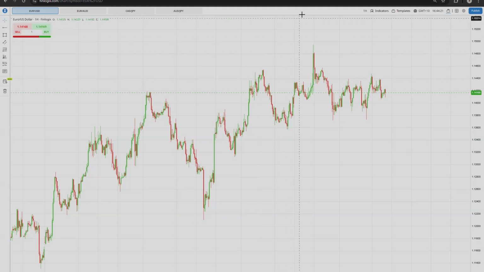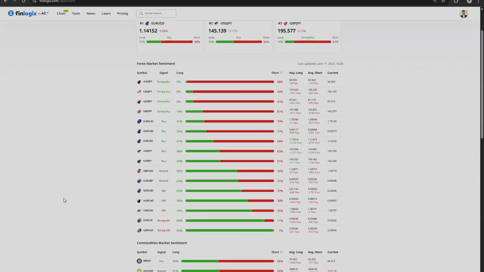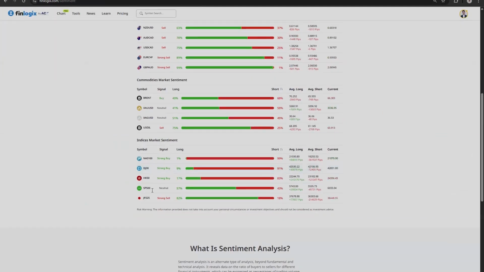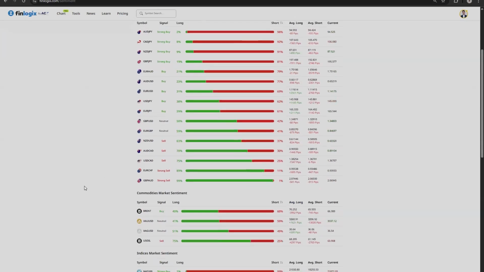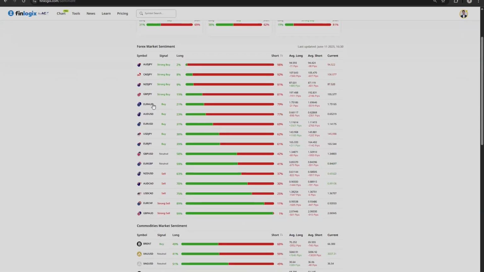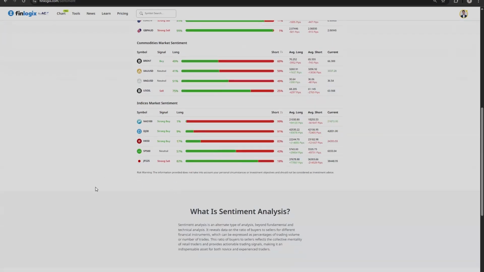Now, coming back to a private question we had, they don't show the indices in the Finlogix sentiment tool. If you pay attention, not all the pairs appear in here. It will be the ones that have the most market sentiment, so that has the most people positioned.